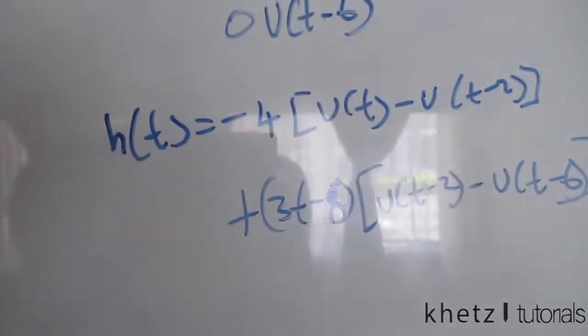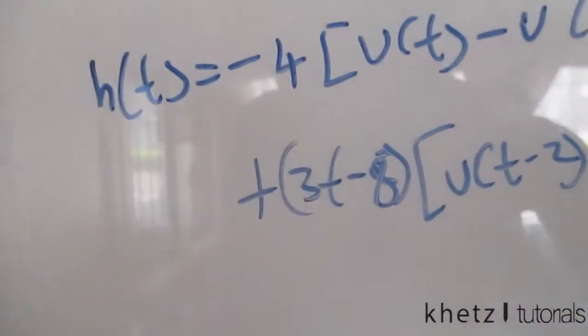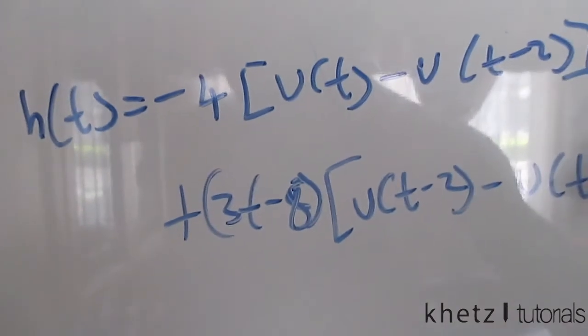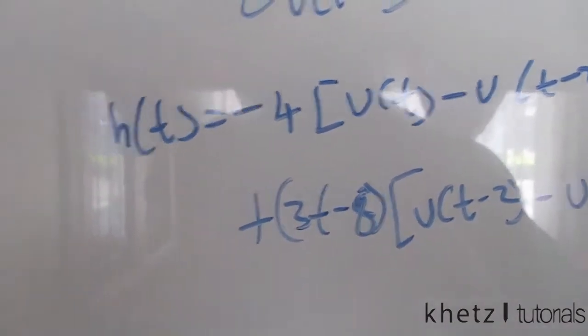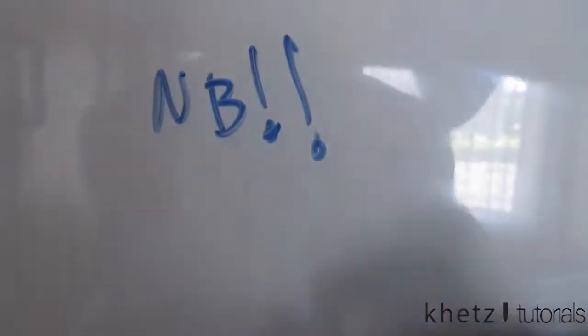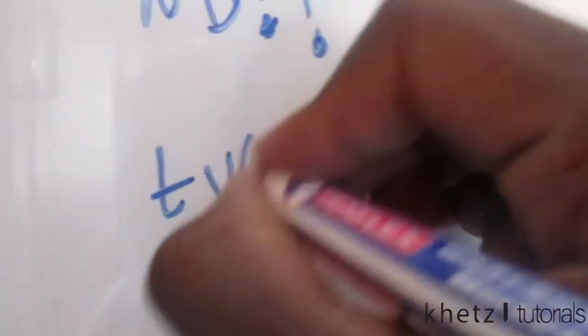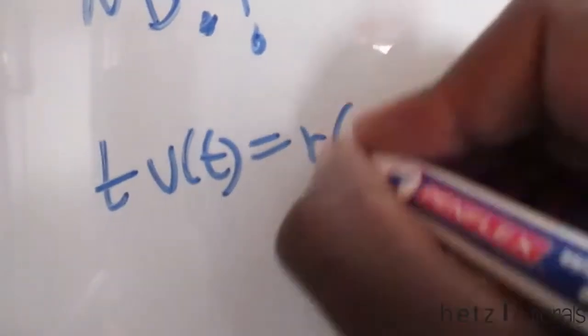Just a few things to note, a reminder, so you don't struggle when going through problems like this. Nota bene: if you have t times u of t, it is equivalent to the ramp function, r of t.